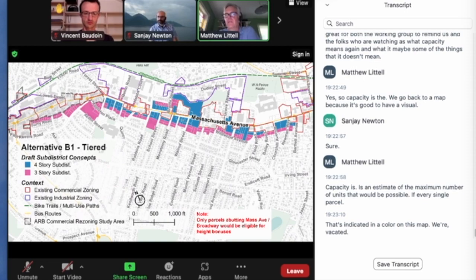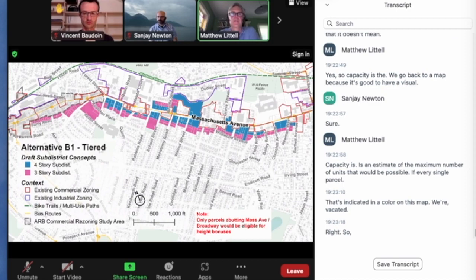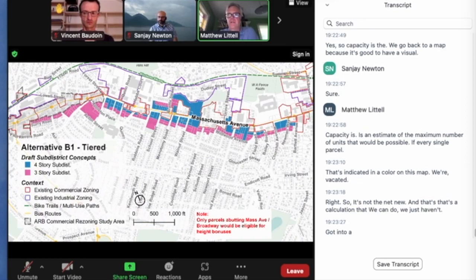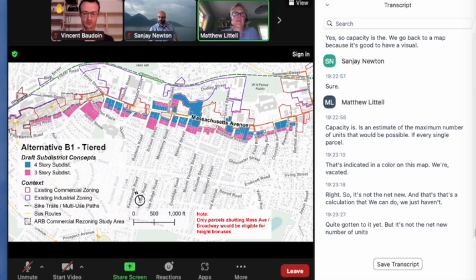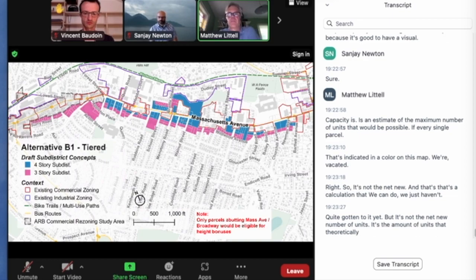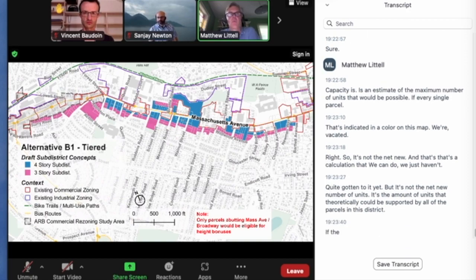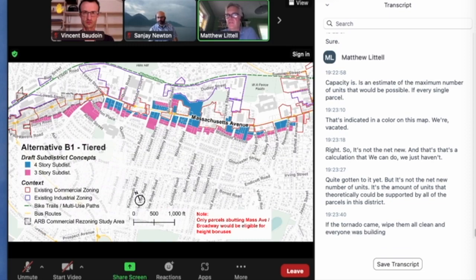So it's not the net new, and that's a calculation we can do; we just haven't quite gotten to it yet. It's the amount of units that theoretically could be supported by all of the parcels in this district if a tornado came, wiped them all clean, and everyone was building as of right to the zoning.